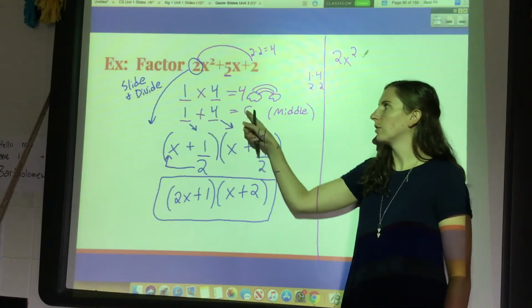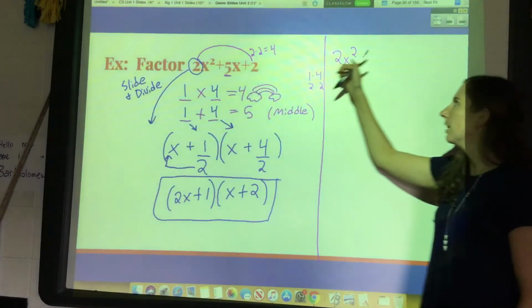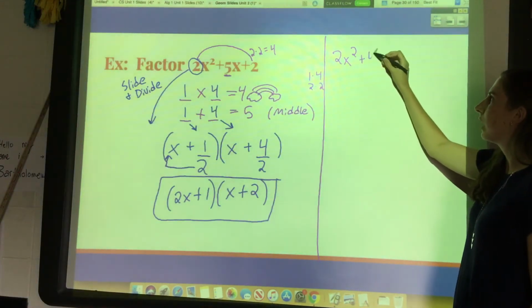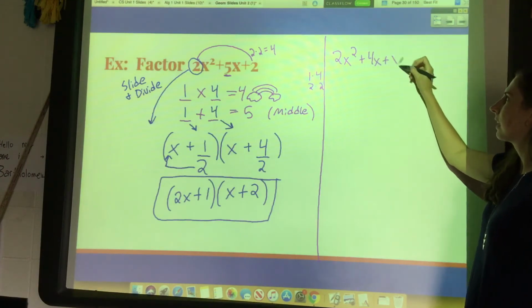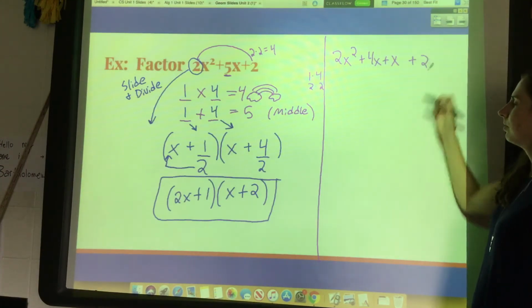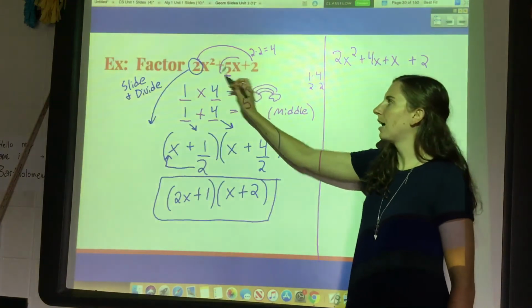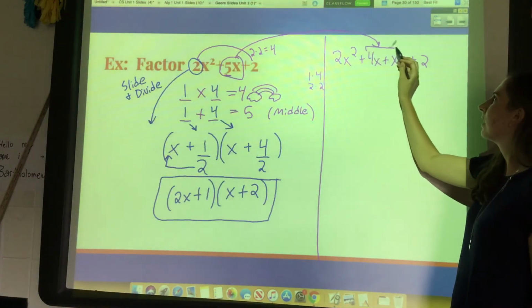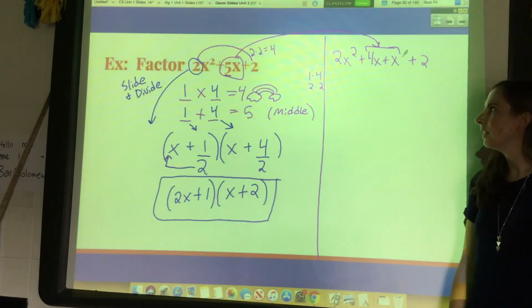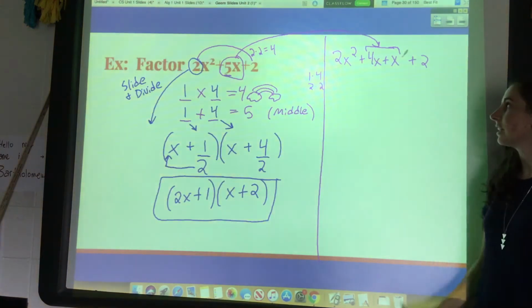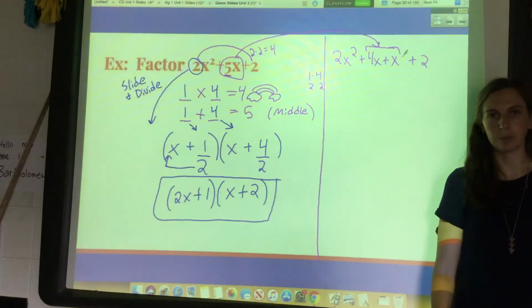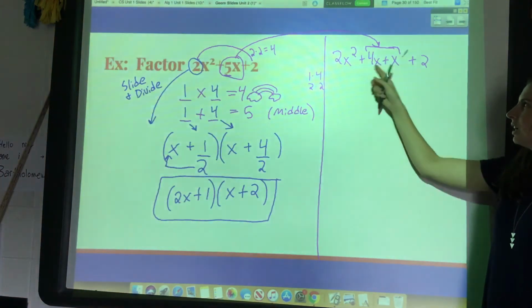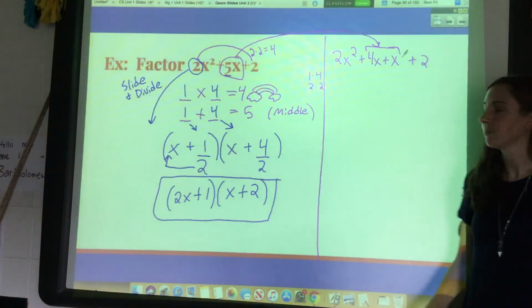Since 1 plus 4 gives me 5, I could split this into 4x plus 1x. Basically, I just took the 5x and it became this right here. The reason that's helpful is because now it's actually 4 terms, kind of, and so you could do grouping method with it.